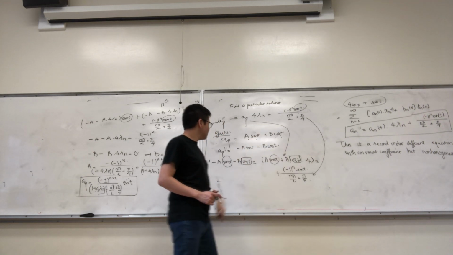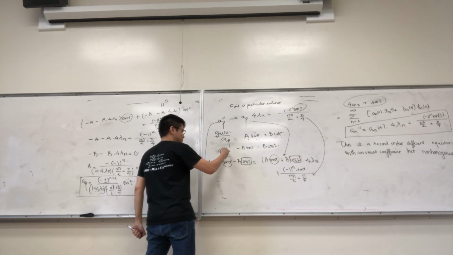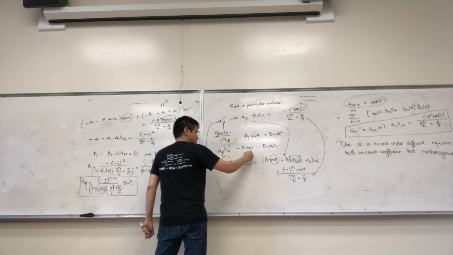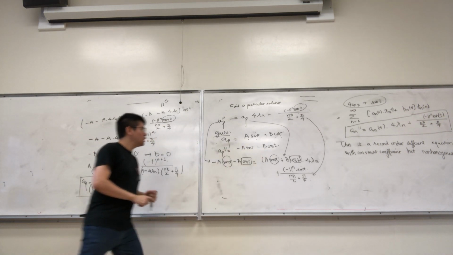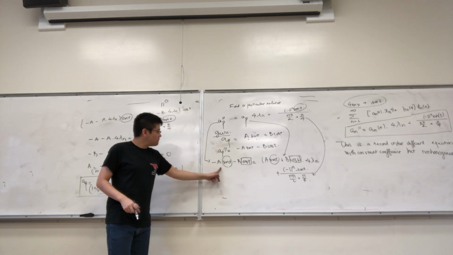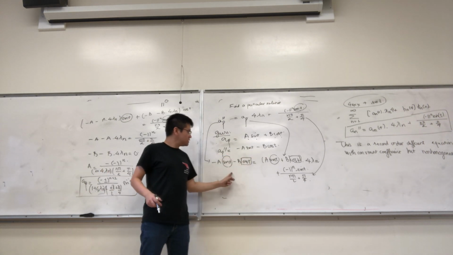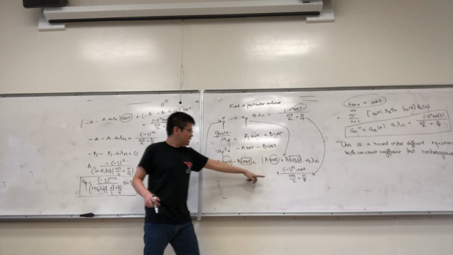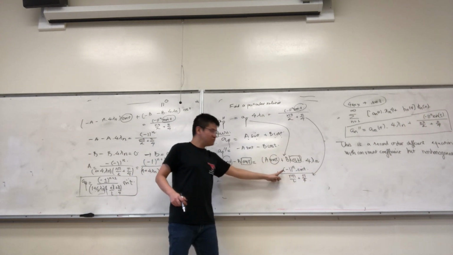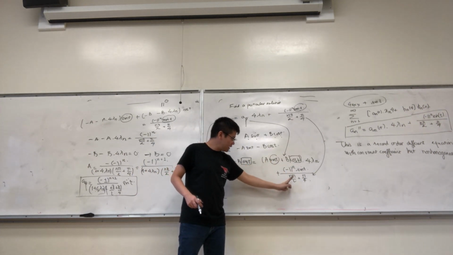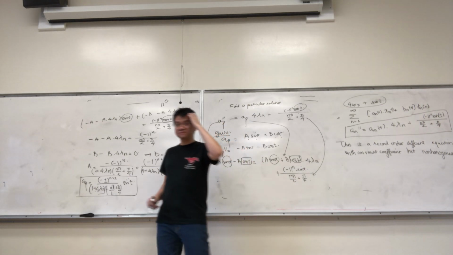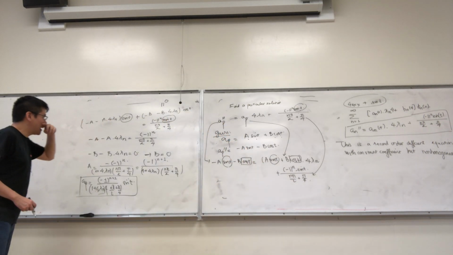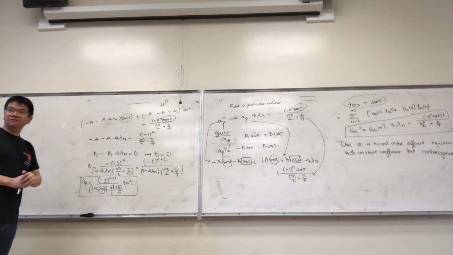So you plug it back into the equation. You have AP second is minus a sine t minus b cosine t. You plug this second derivative here, and you plug a sine t plus b cosine t here. Here you have 4 lambda n, and here you have minus 1 sine n pi over 2 plus pi over 4. Now you have to identify the coefficient.